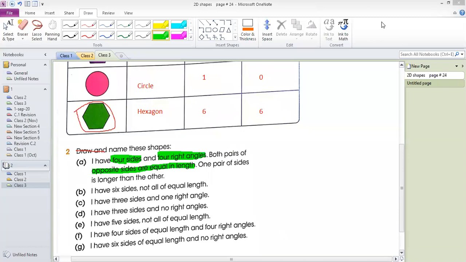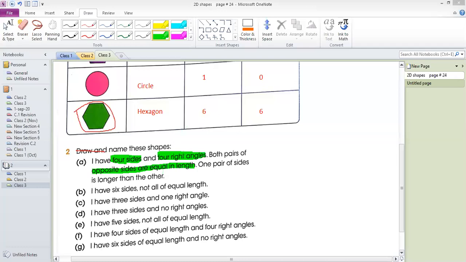Yes, rectangle and square. You're right. Very good. These are a square and rectangle.